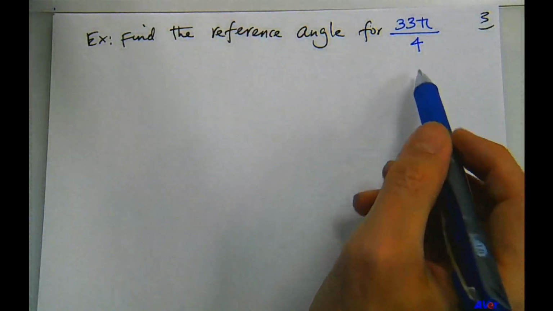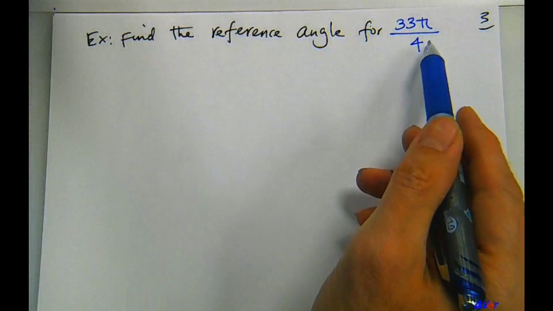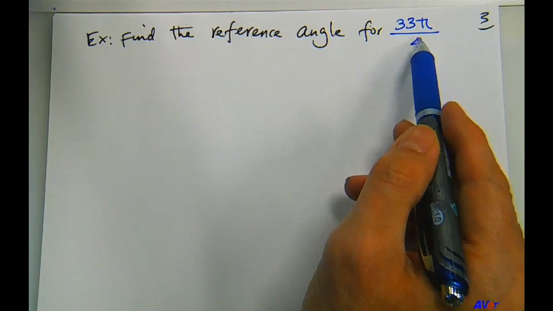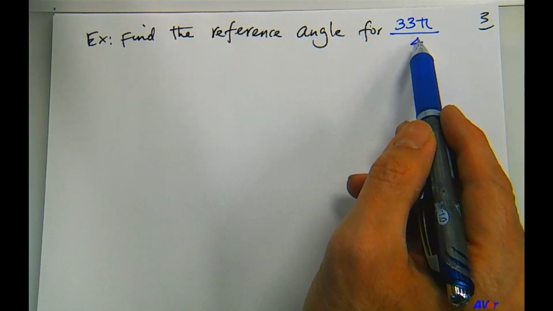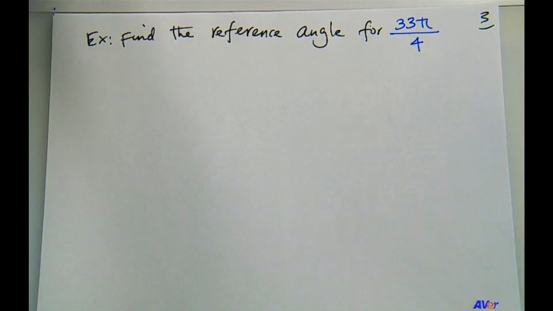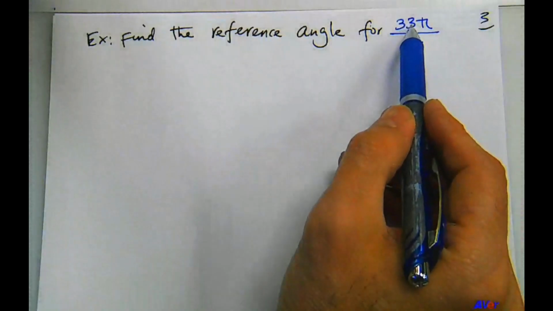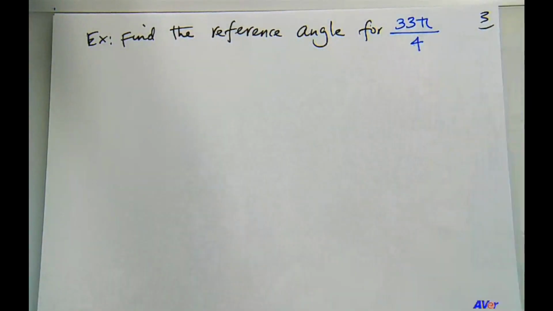Okay, so once again, this is a very large angle, right? 33 pi over 4. So let's see if we can break this up to see how many revolutions around the unit circle this would be.